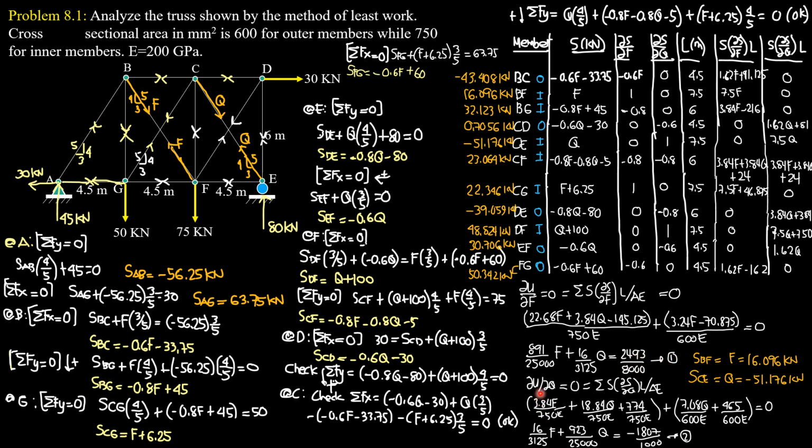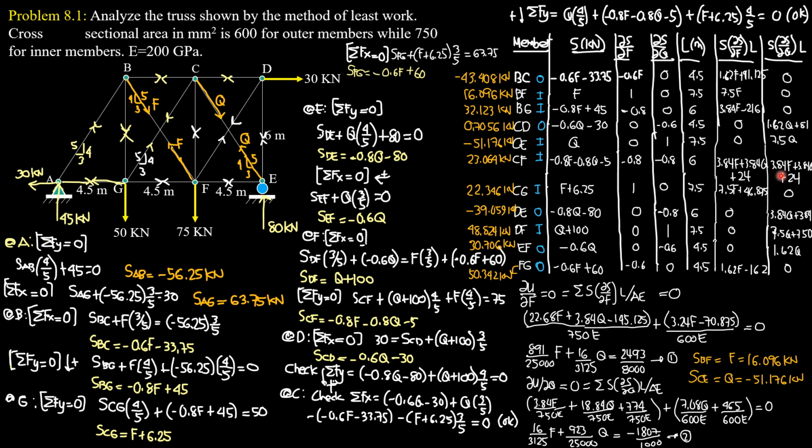Then partial of U with respect to Q equals 0, and this is summation of S, partial of S with respect to Q length over AE. So we add these columns here correspondingly with same area, then equate it to 0. So we begin with the inner members first.